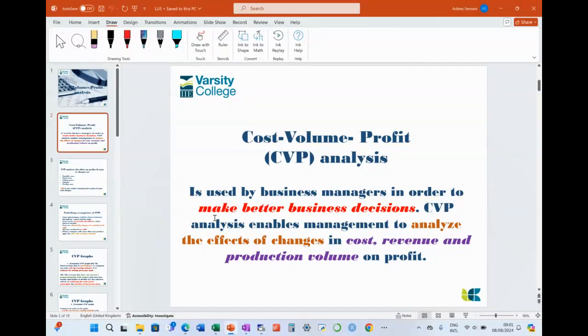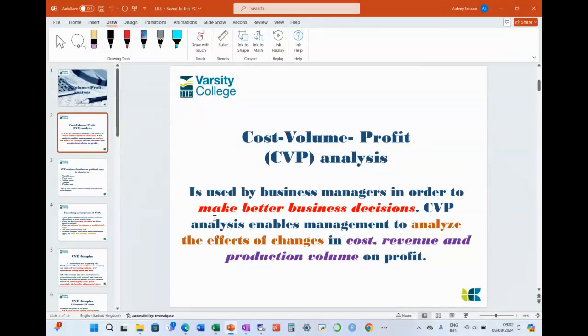it is used by business managers in order to make better business decisions, because we're analyzing the effects of certain changes. If we reduce our price, what's going to happen with our profit? What's going to happen with our revenue? Are we going to sell more because there's greater demand?